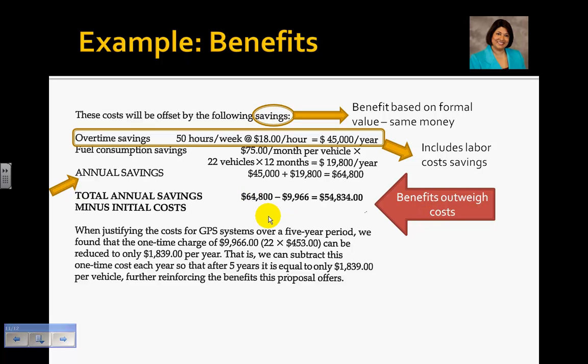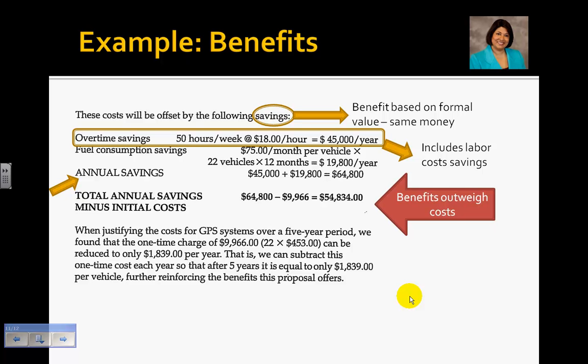So if it costs $64,800 minus the cost, this is how much your initial cost will actually be. So in this case, the savings are outweighing the costs. Now, they're not taking care of all the costs.